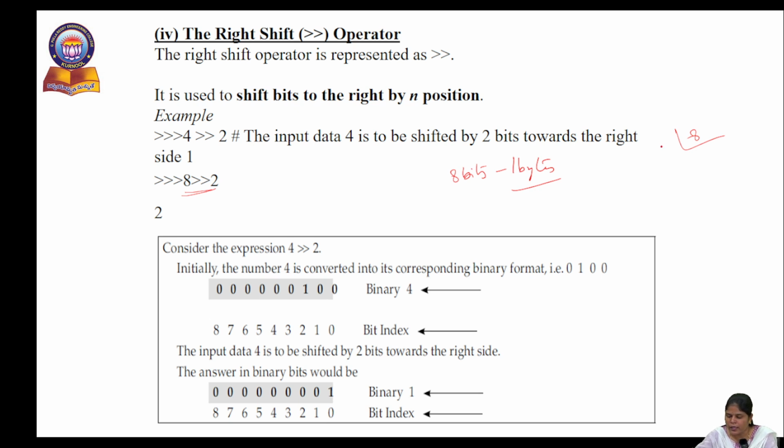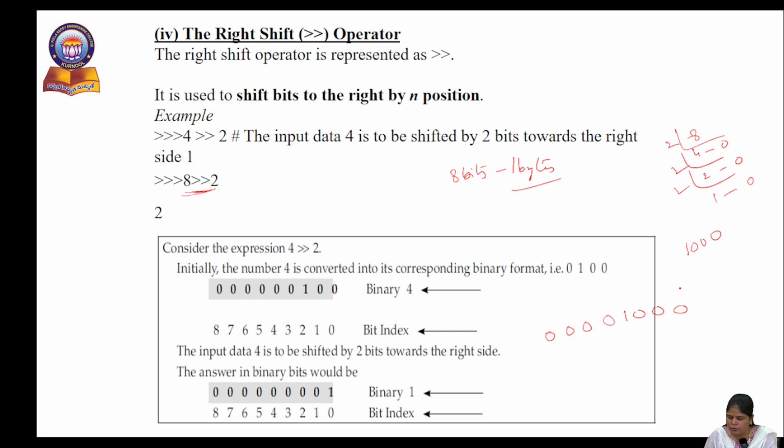Okay, so 8: 4s are 0, 2s are 0, 1s are 0. So what is the value of 8? 1, 0, 0, 0. Now what I have mentioned, what is the shift? The direction is towards the right, so this is the right shift. The 8 bits are here, you can prefix it with zeros.